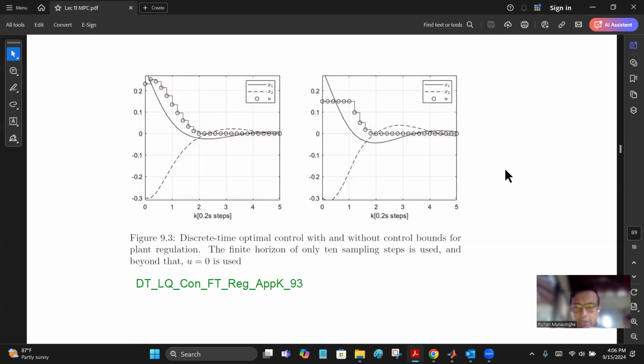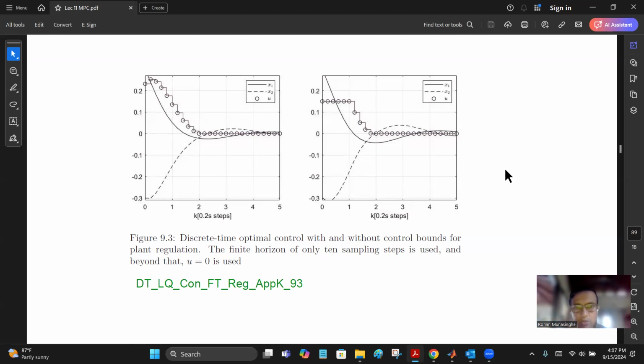This is not practically a very good thing to do because of the disturbances, unmodeled dynamics, etc. The plant is not behaving exactly the way you would have expected. By the time you calculate the optimal sequence, the real state change will be slightly different from what you had in the optimization algorithm.